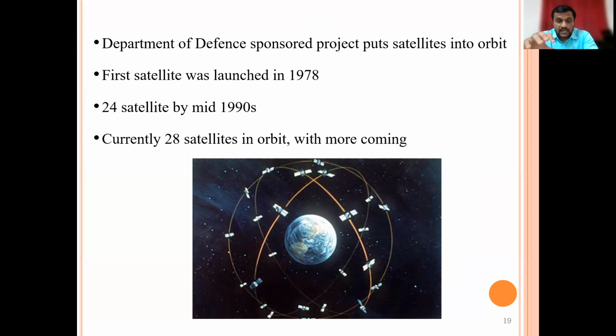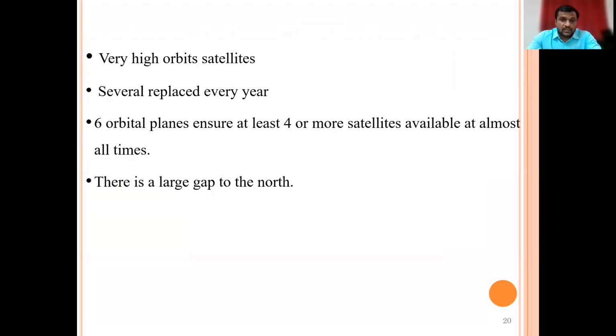These 28 satellites continuously orbit the Earth in different orbital planes to send the information that is very useful for getting the location and position of any object on the Earth's surface. These GPS satellites are very high orbiting satellites, and after a few years one satellite will be replaced by another.